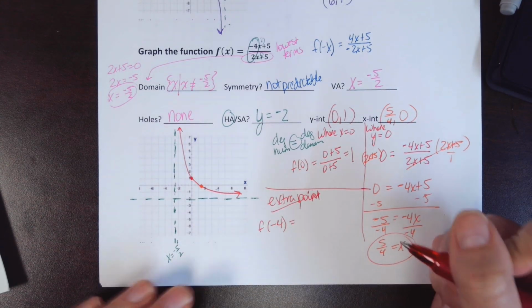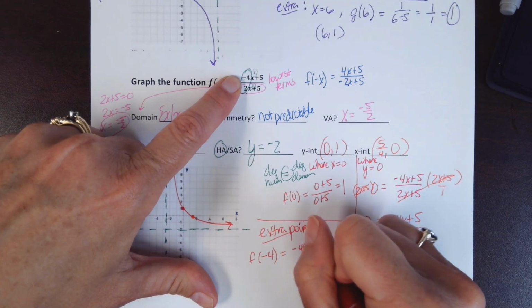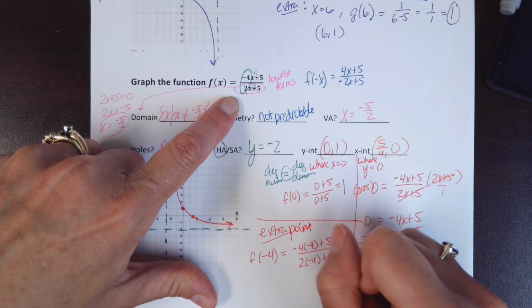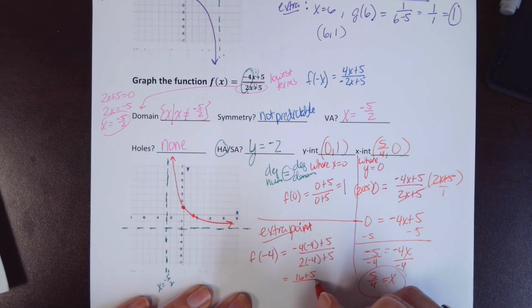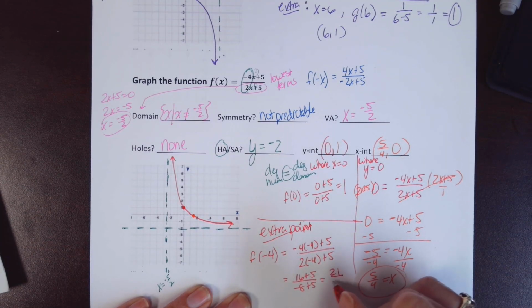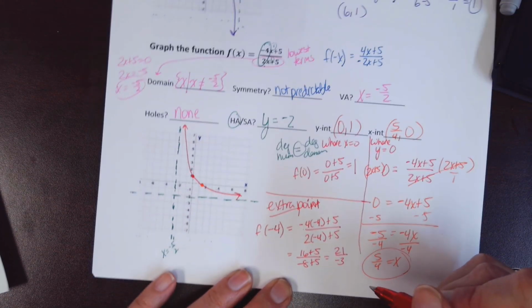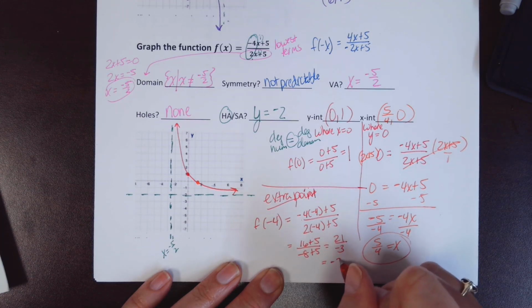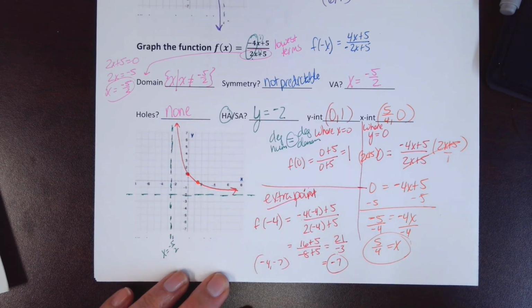F of -4. So I'm plugging in -4. -4 times -4 plus 5 over 2 times -4 plus 5. That gives me 16 plus 5 over -8 plus 5, which is 21 over -3. What matters is, is it positive or negative? 21 divided by -3 is -7. So I've got the point (-4, -7).